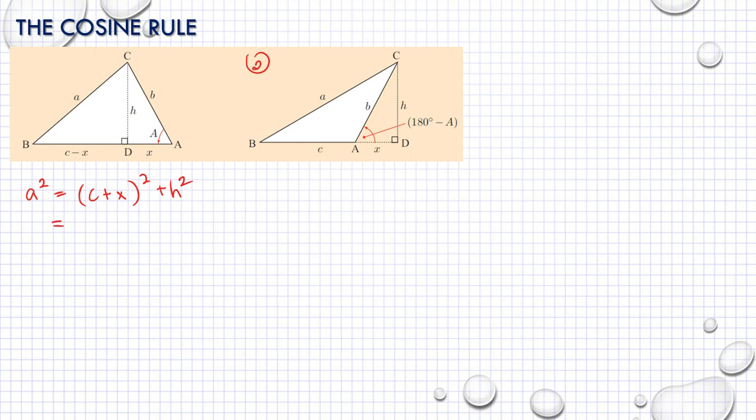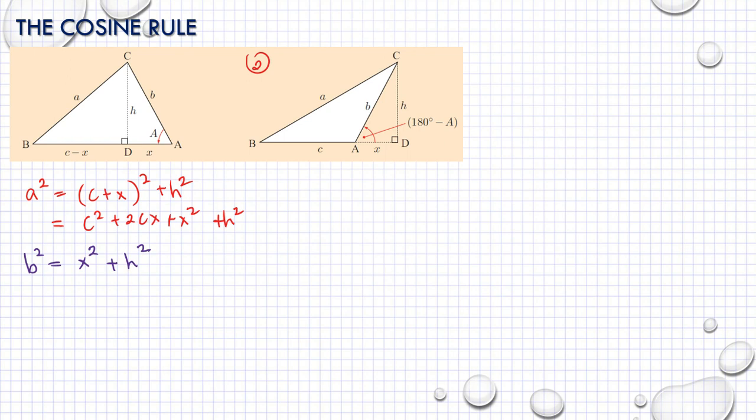If we expand that, that is C squared plus 2CX plus X squared plus H squared. We don't need H, that's why I'm going to find the value of H. So we have B squared is equal to X squared plus H squared.